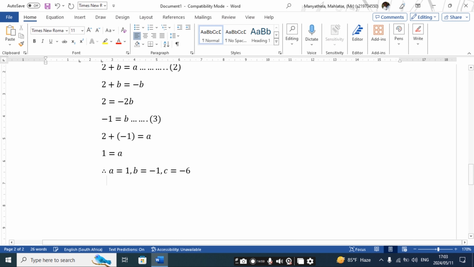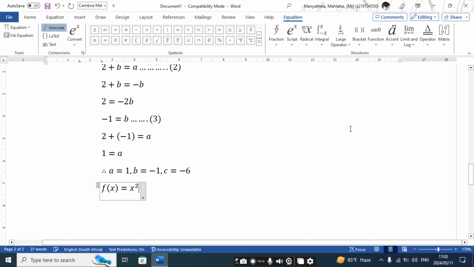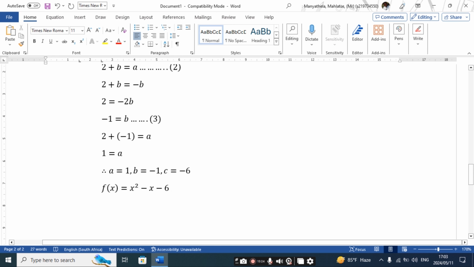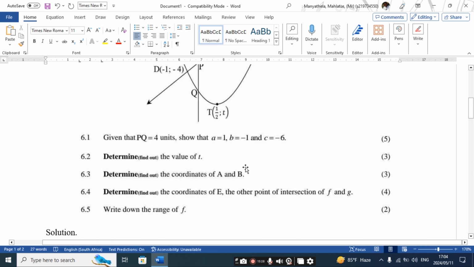And then to give the equation of this quadratic graph, in the form y equals ax squared plus bx plus c, we can say f of x is equal to x squared minus x minus 6. We are done with question 1, and this was worth 5 marks.